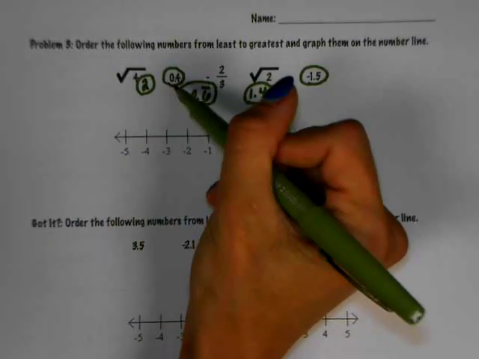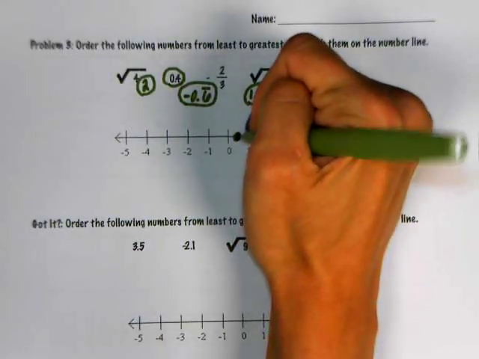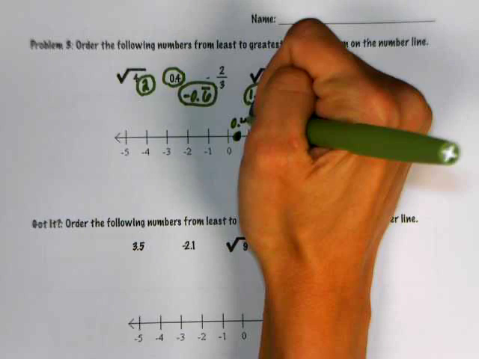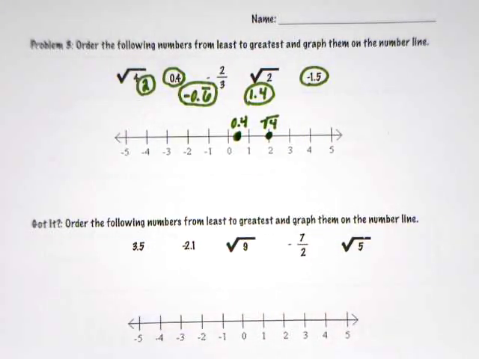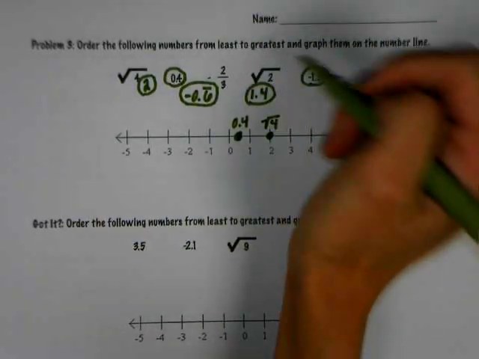So here at 2, but make sure you label it as the square root of 4. And then next is 0.4, so that's going to be just under halfway over here. All right, negative 2/3, so that's negative 0.6 repeating, would be in the negative direction, just over half.